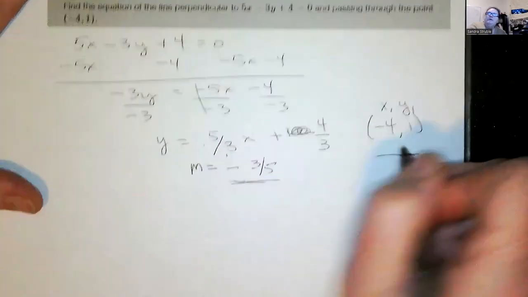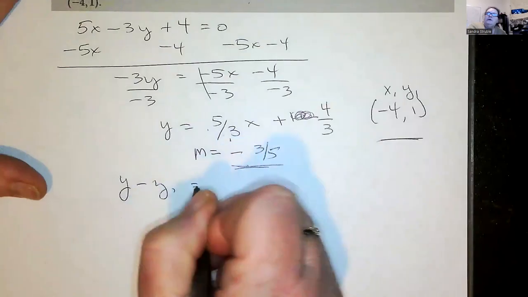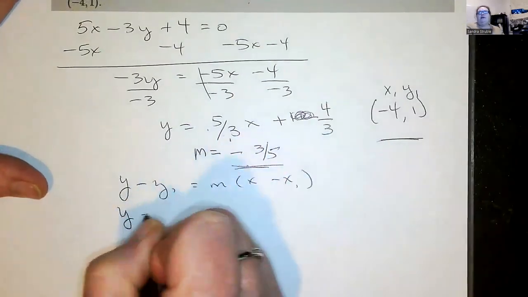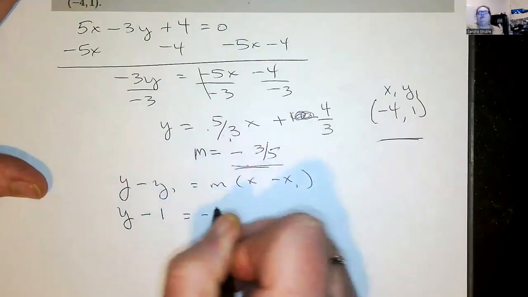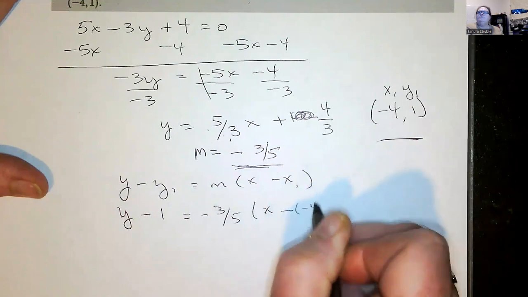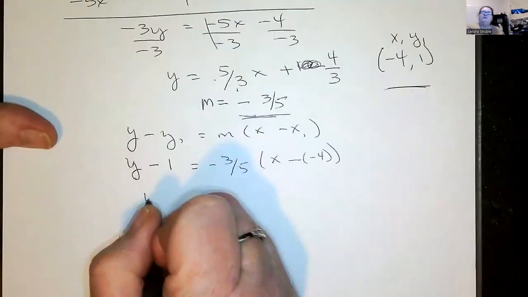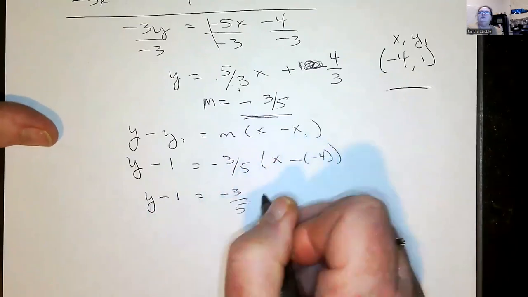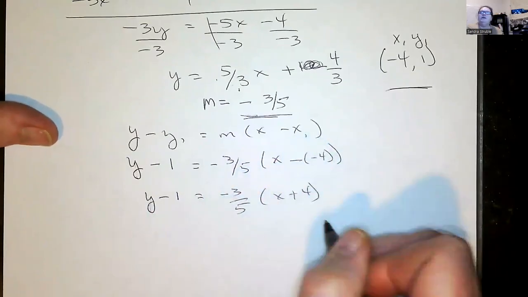So between this slope and this point, let's create y minus y sub 1 equals m(x minus x sub 1). So we have y minus 1 is equal to negative 3/5 (x minus negative 4). So y minus 1 is equal to negative 3/5 (x plus 4). I'm just going ahead and getting that fixed.